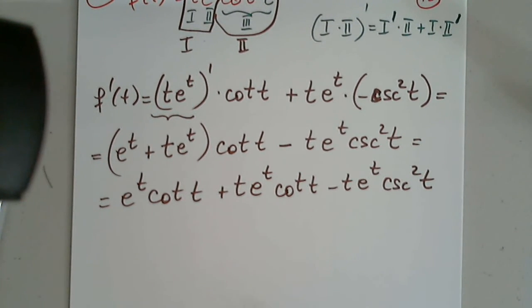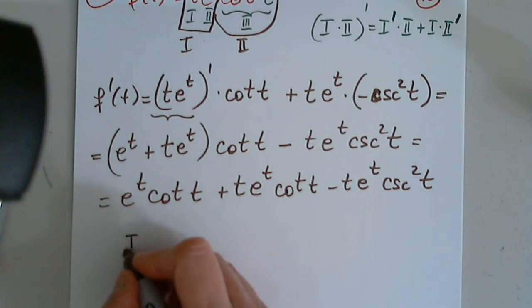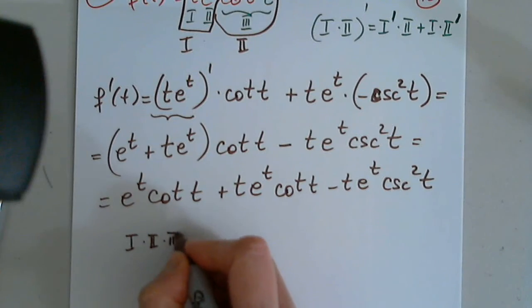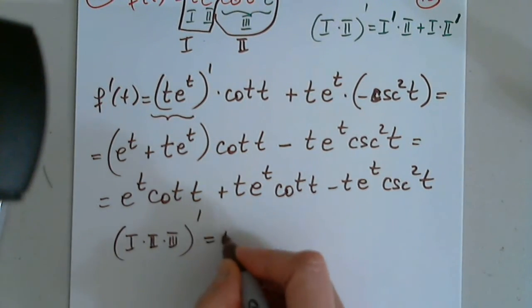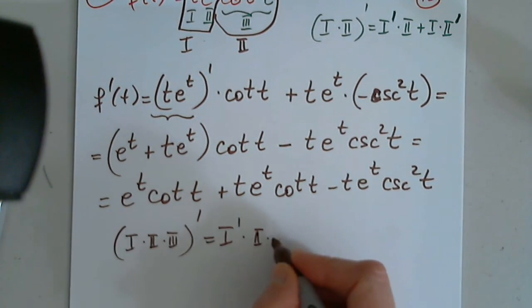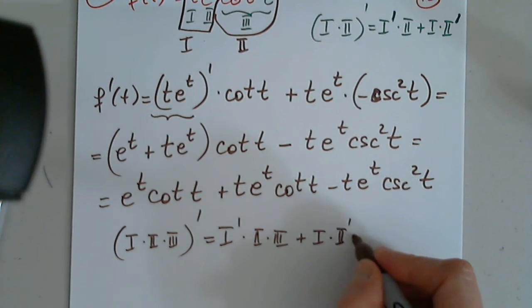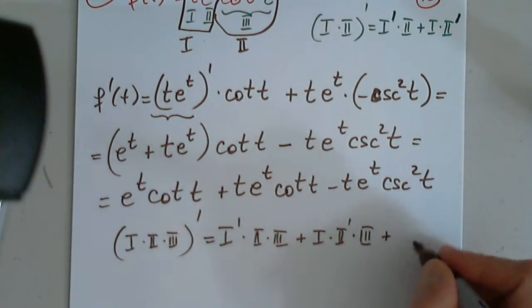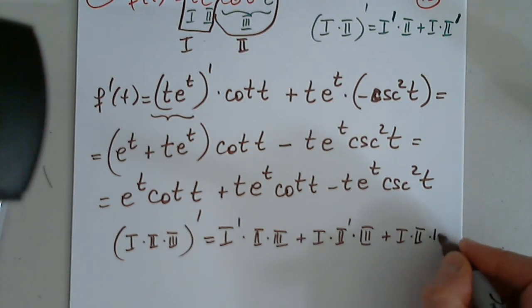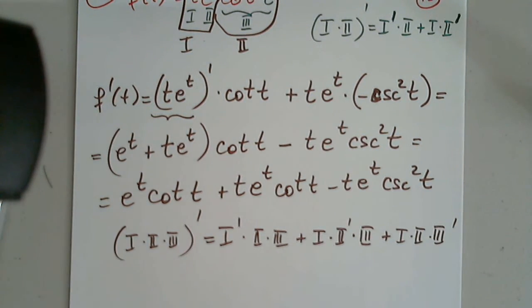So we don't think in terms of this formula, but what basically is this: 1 prime times 2 times 3 plus 1 times 2 prime times 3 plus 1 times 2 times 3 prime. That's exactly what this is. But there is no need to memorize something like that.